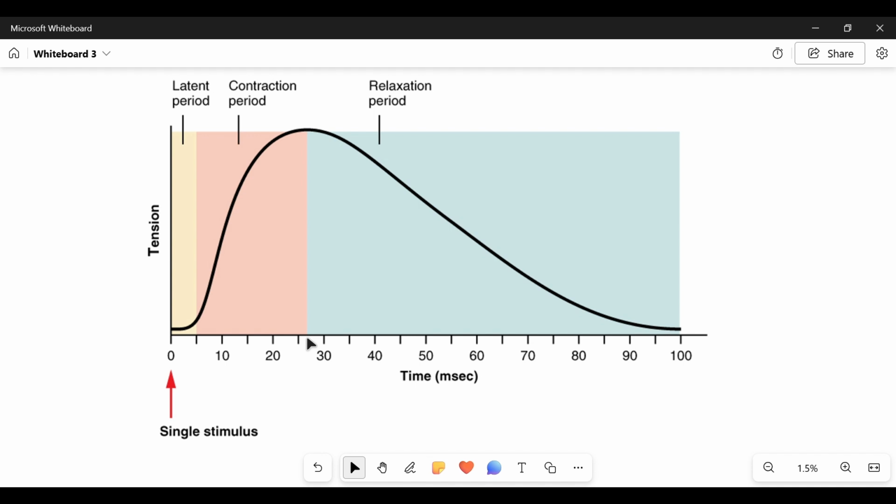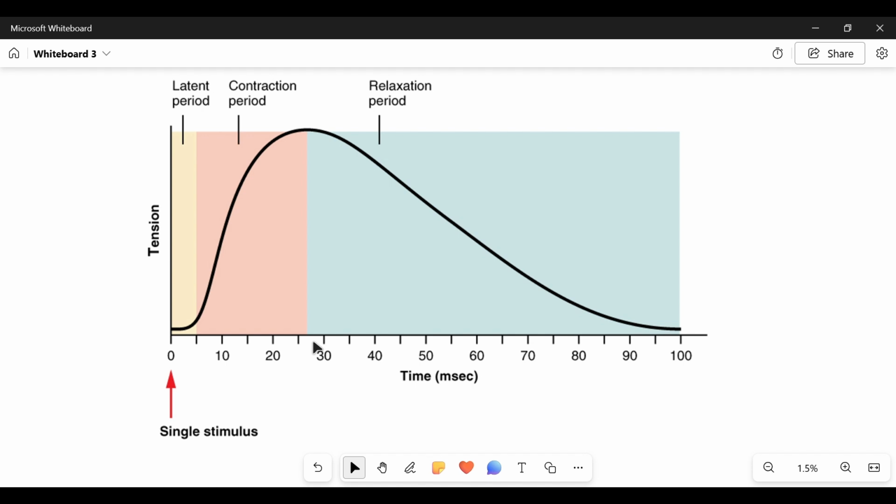When that happens, the myosin head will be detached, then the muscle length will widen, causing the muscle to fully relax. And you can see that the time for relaxation is quite longer than the time for contraction because of all of these events happening. It could take as much as about 60 milliseconds for the muscle to relax.